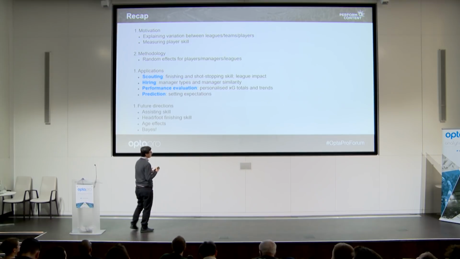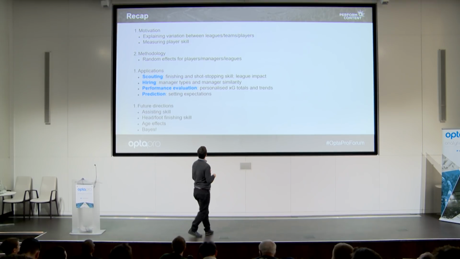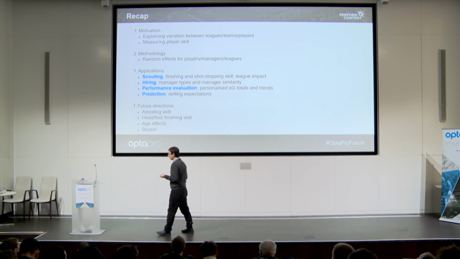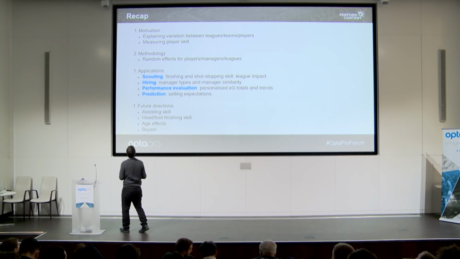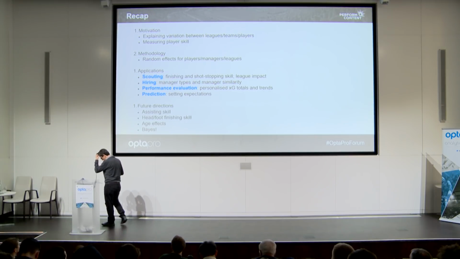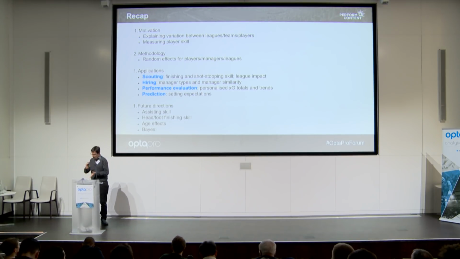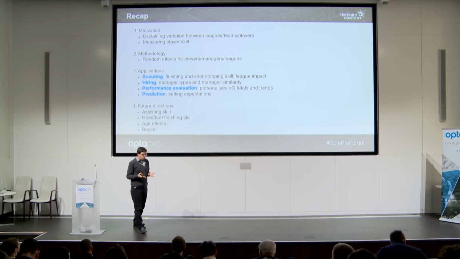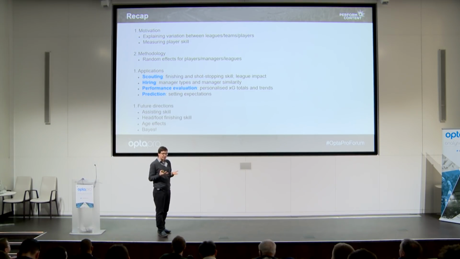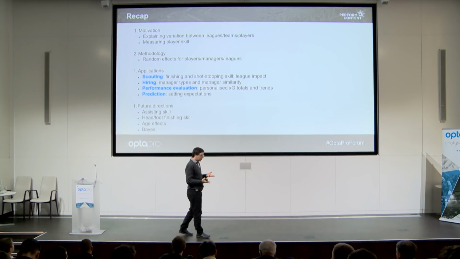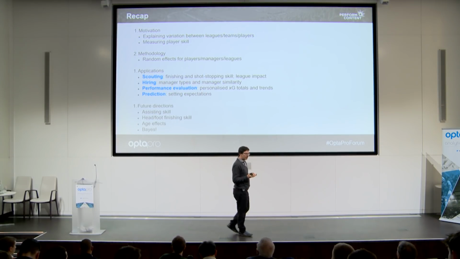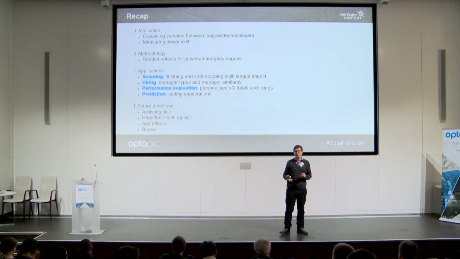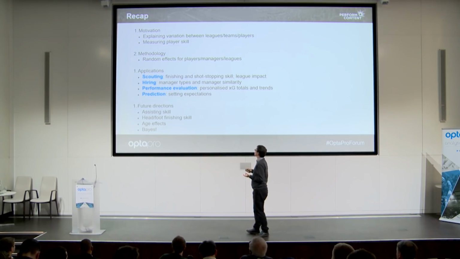Okay, so let's recap this whole work. I wanted to approach the problem of explaining a lot of the systematic variation that you see between the actual goals and the expected goals, because we've known for a while that part of this variation is systematic, but we didn't have the direct variables in the data to capture this systematism, so you have to go through some sort of proxy.